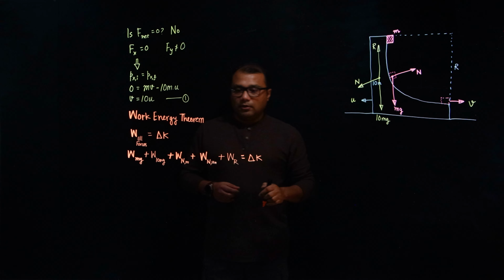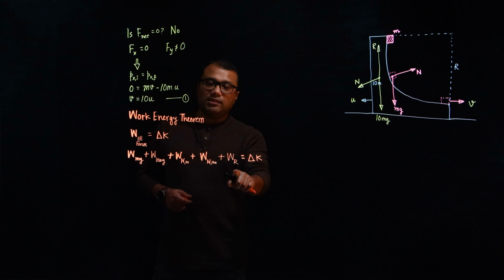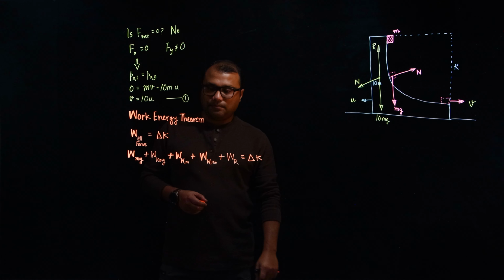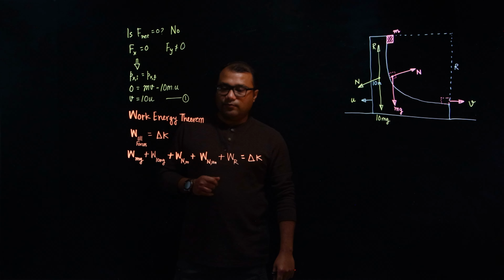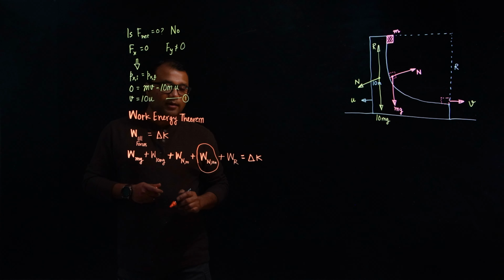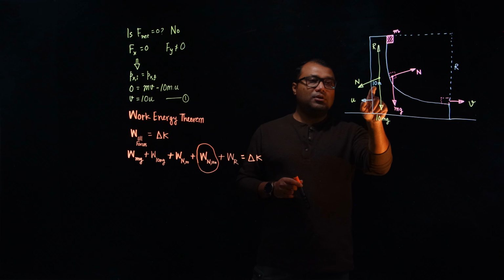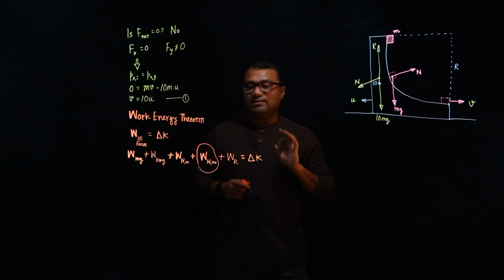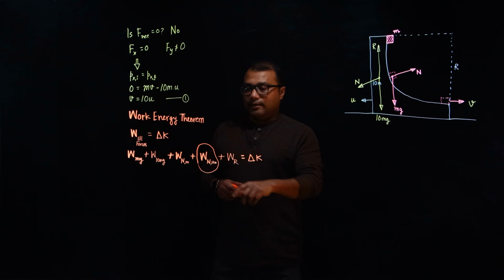Okay, so we don't have to look at pseudo forces, but it's important to look at all these work dones. Now in the previous video, the mistake that I did was I did not investigate this part in detail. I assumed the work done by this normal force on 10m is 0.